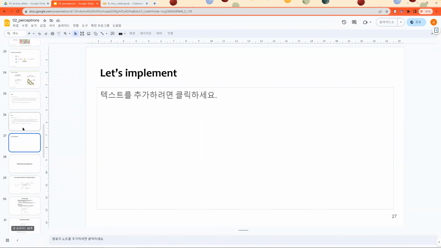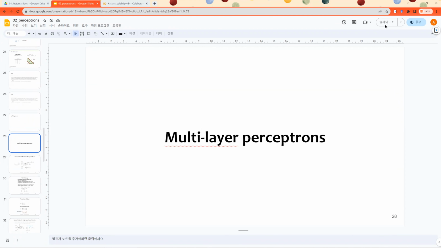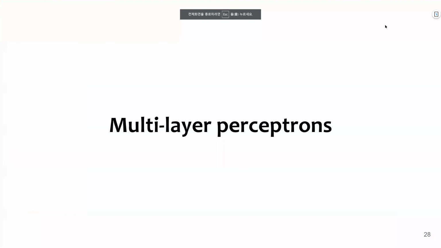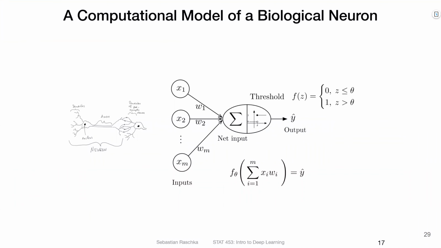Okay, that was about gates. And from now on, we will dive into multi-layer perceptrons. As you can see here, the multi-layer perceptron is trying to mimic the biological neuron. Here we have dendrites, nucleus, axon, and this synapse connection that connects this neuron to another one.